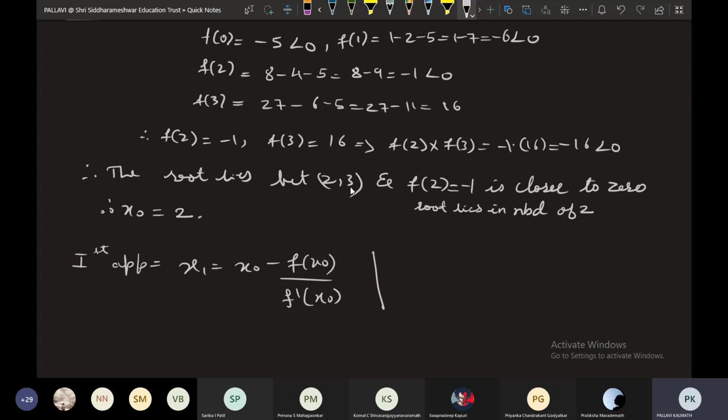But if 2 is not near to 0 and 3 is near to 0, then I could take x naught as 3. At what point the value of the function is closer to 0, that point you should consider. See, if you take 3 also no problem, but you will not get the answer in 2 or 3 steps. The number of iterations will go on increasing. Understood? Yes, ma'am. Okay. So, what is the function?